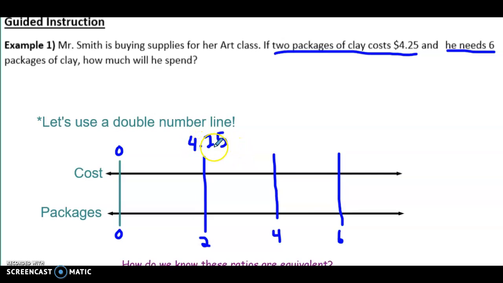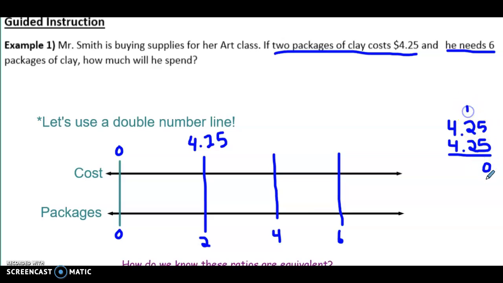So 4.25 plus 4.25. Let's come over here to the side. And remember, when we're adding decimals, we're going to line those decimals up. So 4.25 plus 4.25. When we add these, 5 plus 5 is 10.